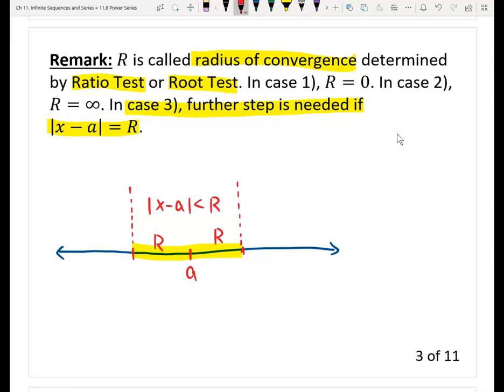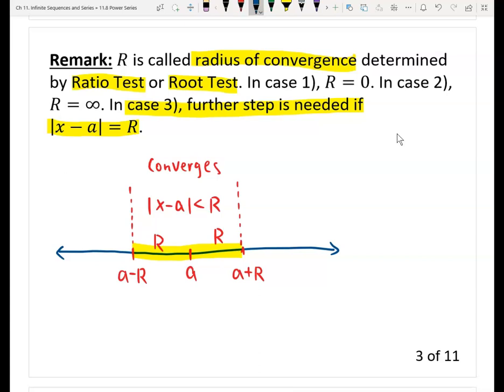So the left endpoint is a minus r, and the right endpoint is a plus r. This is what the third case of the theorem gave us: inside the neighborhood the series converges, and outside of the neighborhood it diverges.